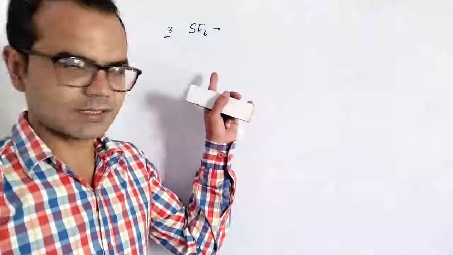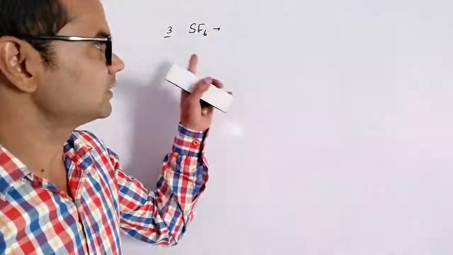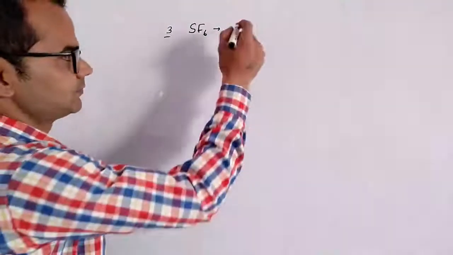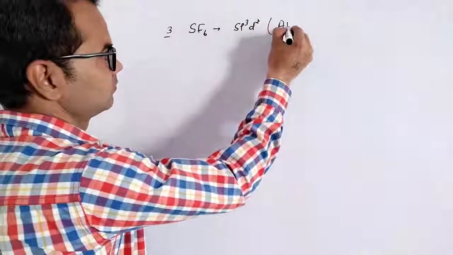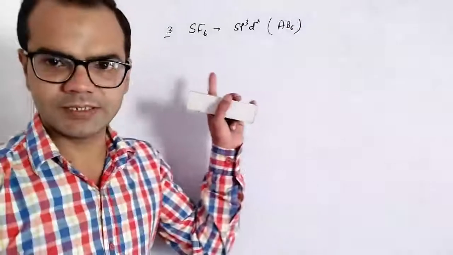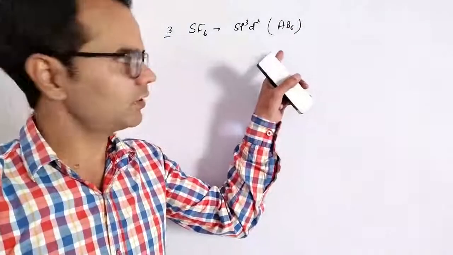Now 6 fluorines share 6 electrons with sulfur. In SF6 there is no lone pair, so its hybridization is sp3d2, the case of AB6.